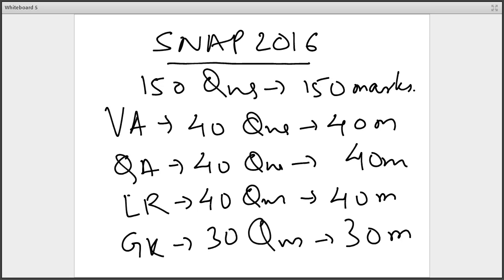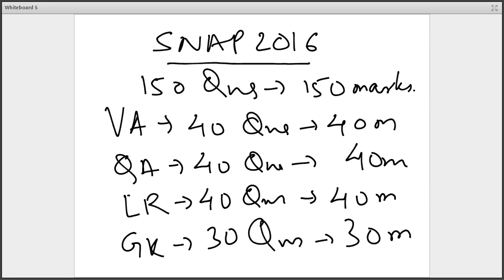Now let us have a look at the ideal attempt. What is the ideal attempt in the paper for different sections? Verbal, out of 40 questions, you should be doing 32 plus. In LR, out of 40, you should be doing 24 plus.